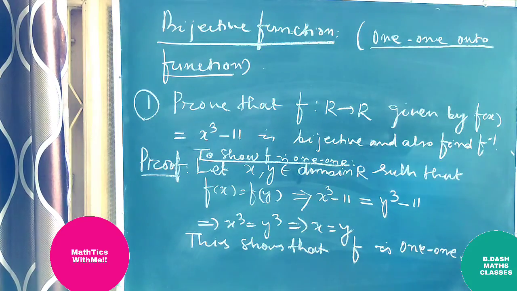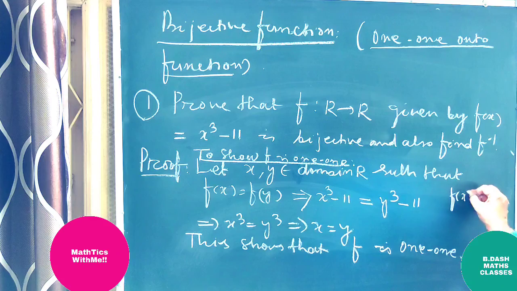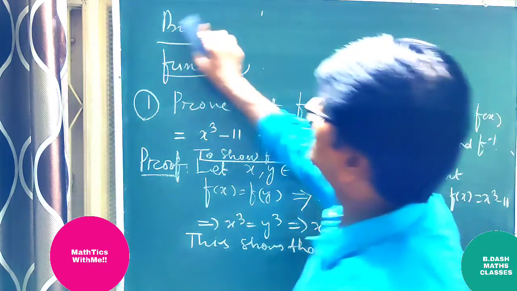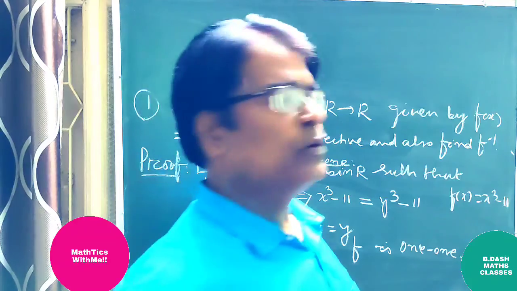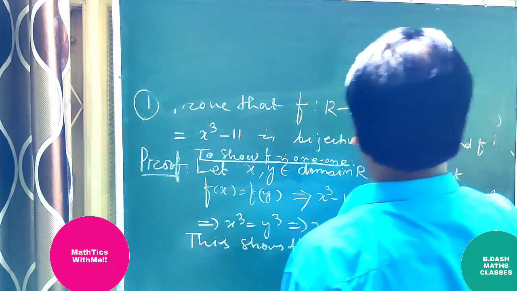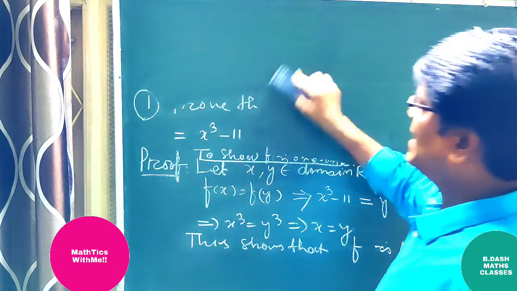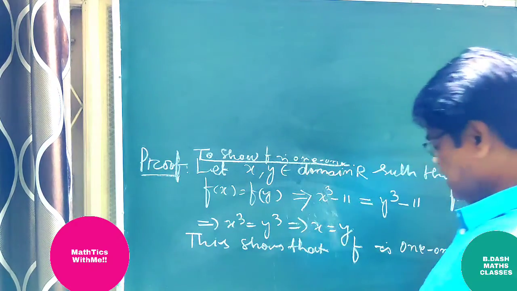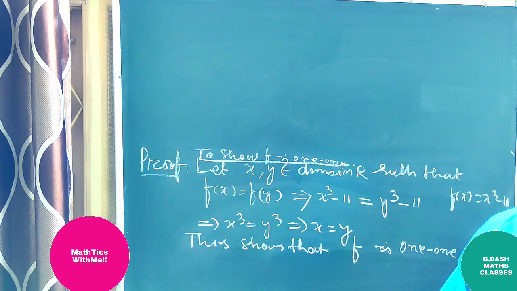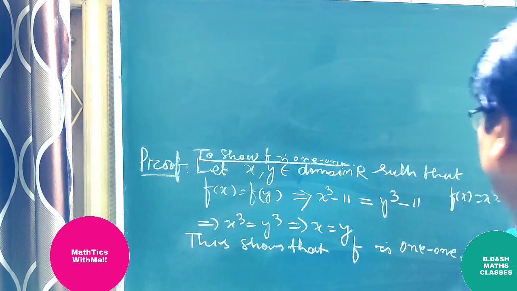Now let us proceed to prove the function f is onto function. So in order to show the function f is onto, what we have to do? We must show there exists an element in domain R for which we will get an image in range R under the function f.